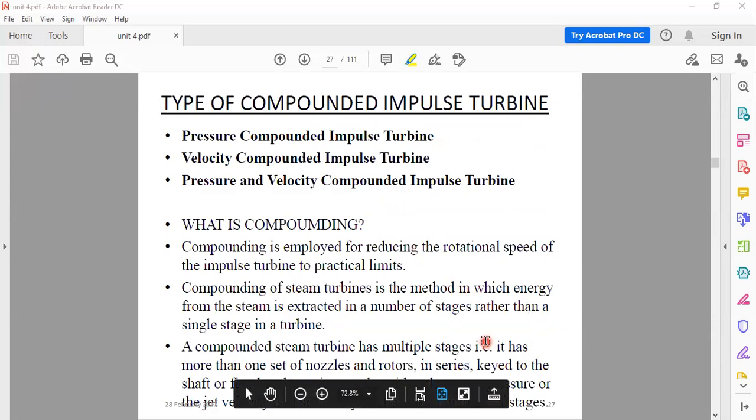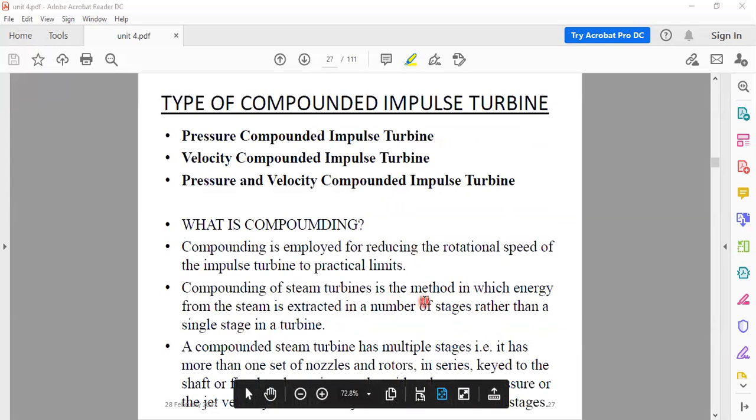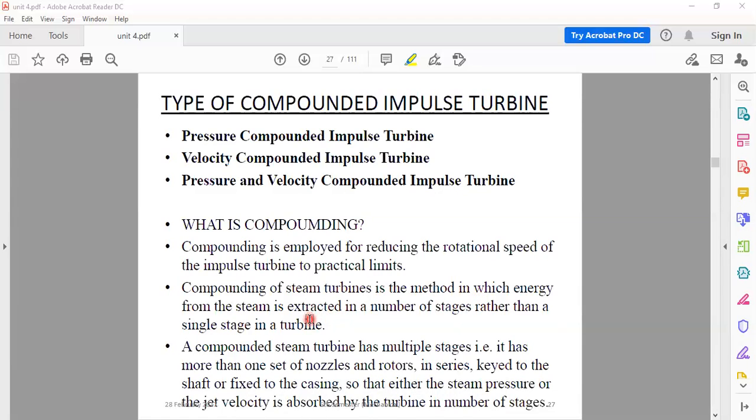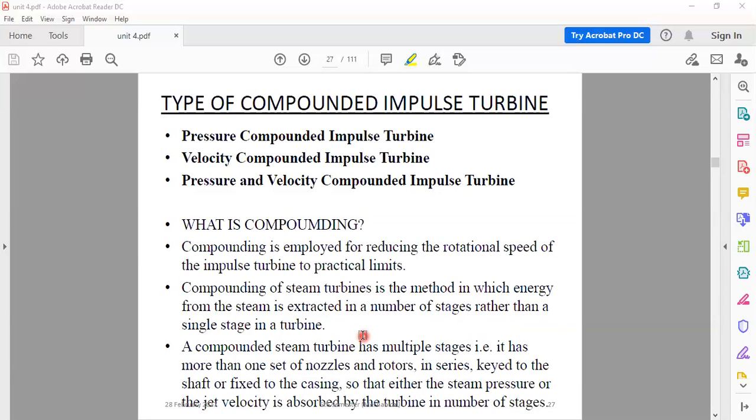See here, what is compounding? Compounding is employed for reducing or controlling the rotational speed of the impulse turbine to practical limits. The compounding of a steam turbine is the method in which energy from the steam is extracted in a number of stages rather than a single stage. A compound steam turbine has multiple stages.